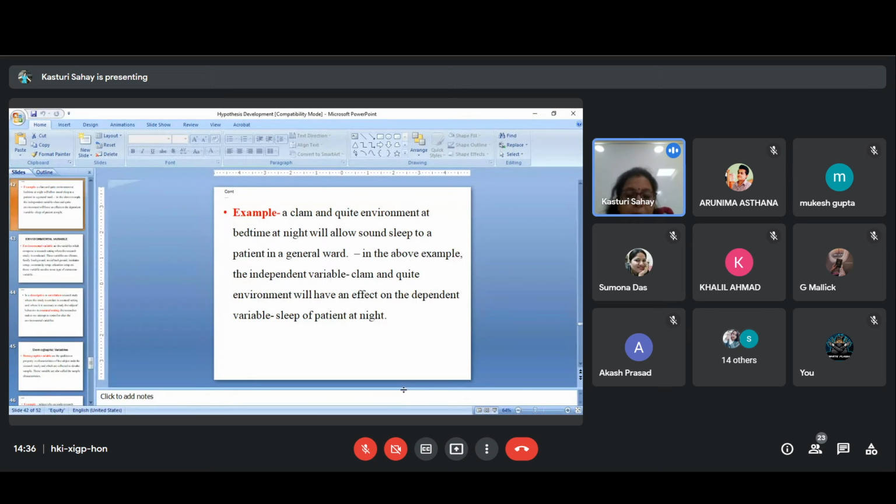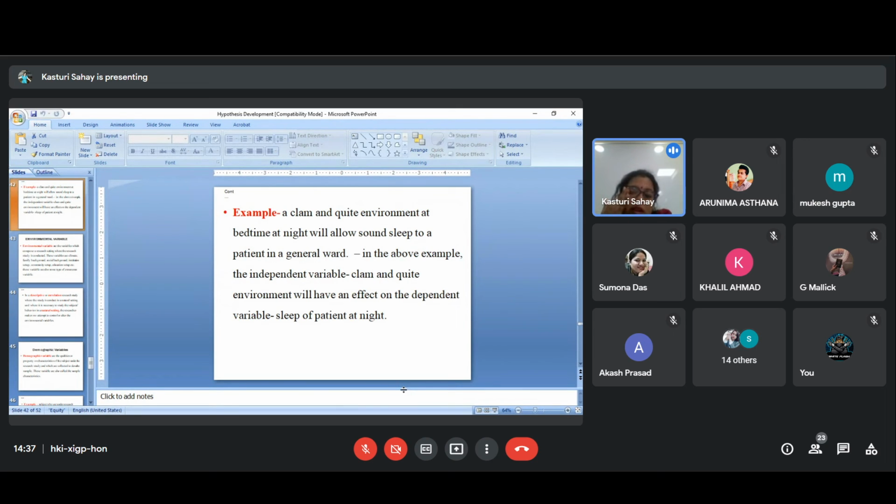For example, a calm and quiet environment at bedtime at night will allow sound sleep to a patient in a general ward. In the above example, the independent variable, calm and quiet environment, will have an effect on the dependent variable, that is sleep of the patient at night, right?